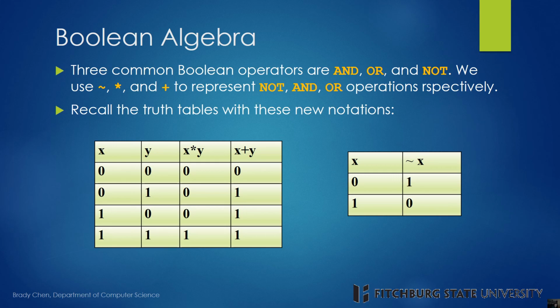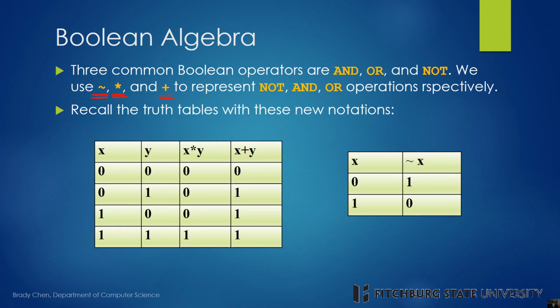We use the tilde to represent not, we use the asterisk to represent and, and we use the plus to represent or.